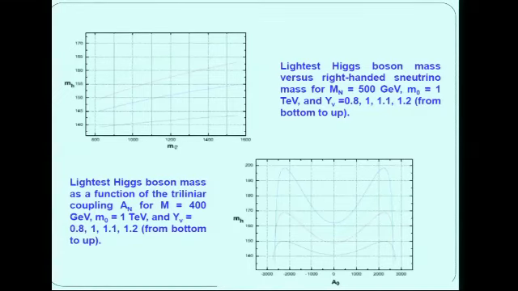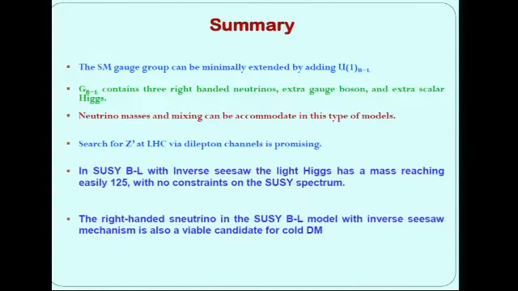Also the A term could play some role because of the large off-diagonal mixing. And these are the main results in this type of model that I would like to present.